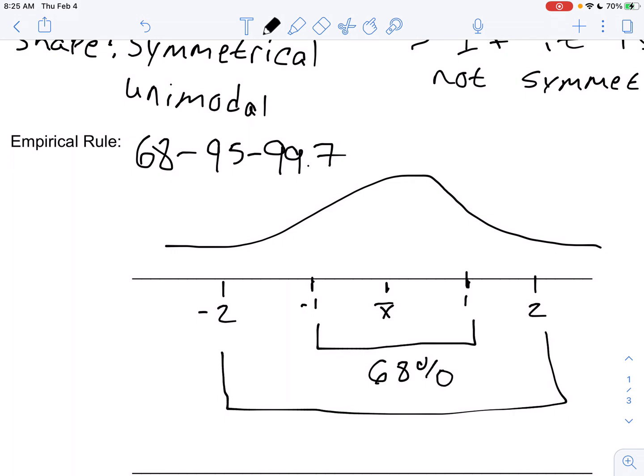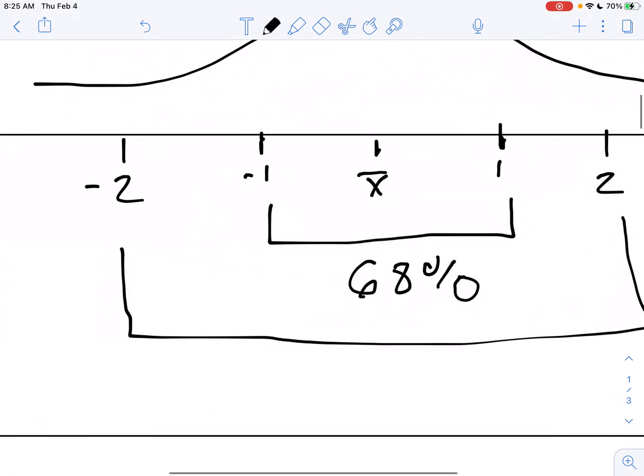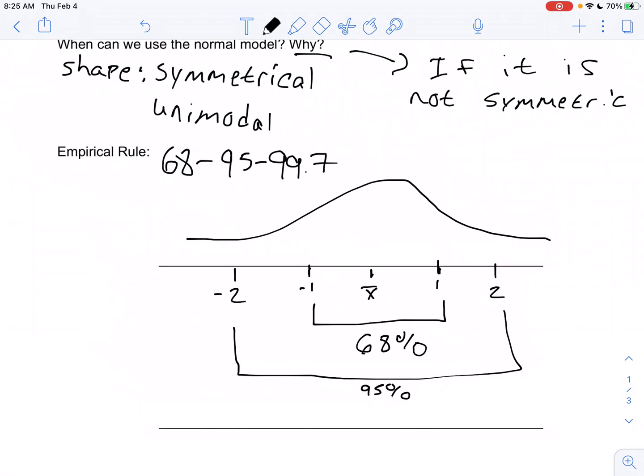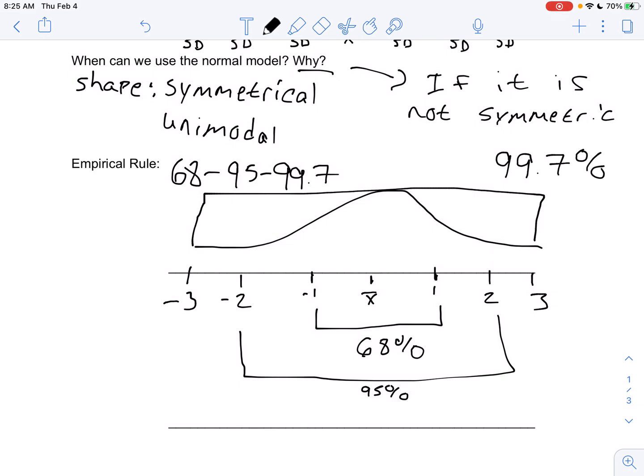From -2 to 2 standard deviations away, 95% of our data lies in there. And then from -3 to 3, we're going to do this one up here, 99.7% of our data lies in between there.